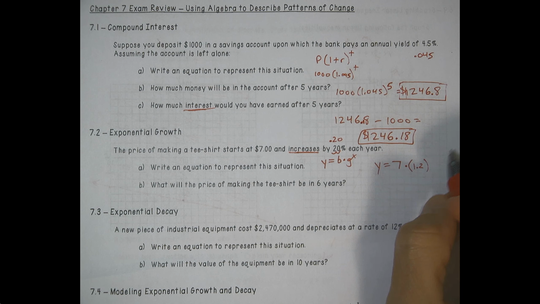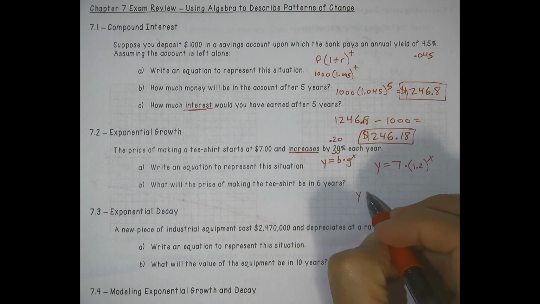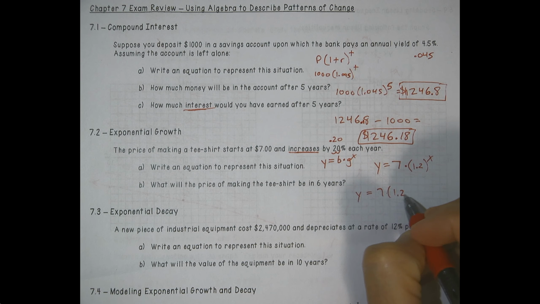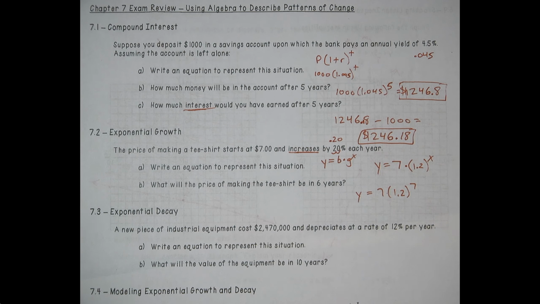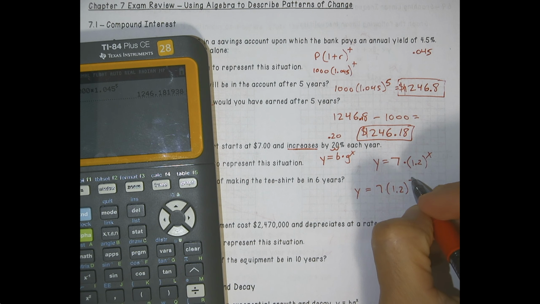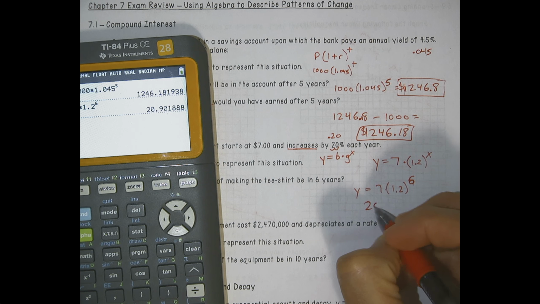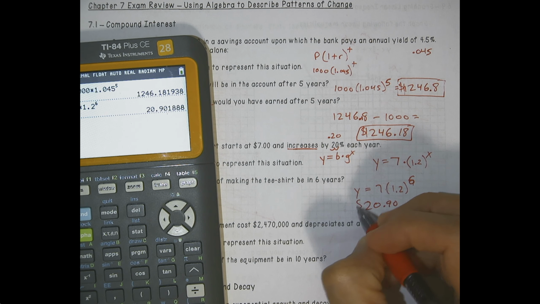And then that's raised to the number of years. So what's going to be the price in 6 years? 7 times 1.2 raised to the 6th power, $20.90.